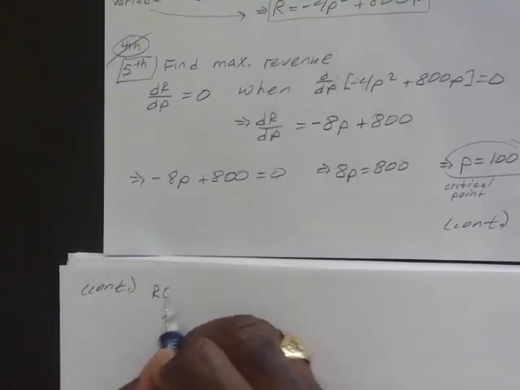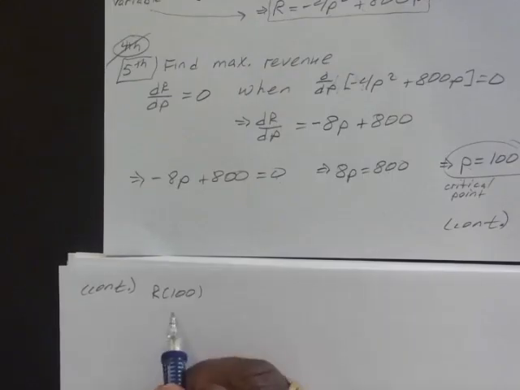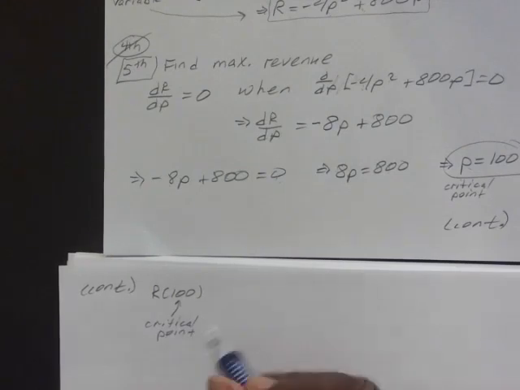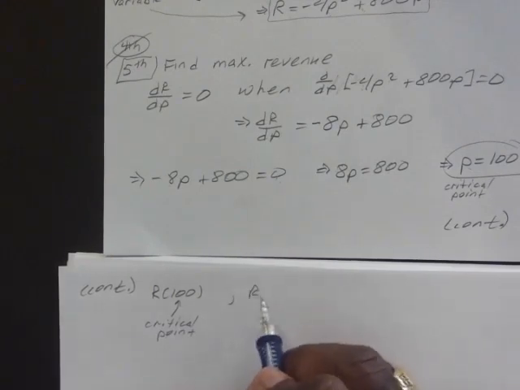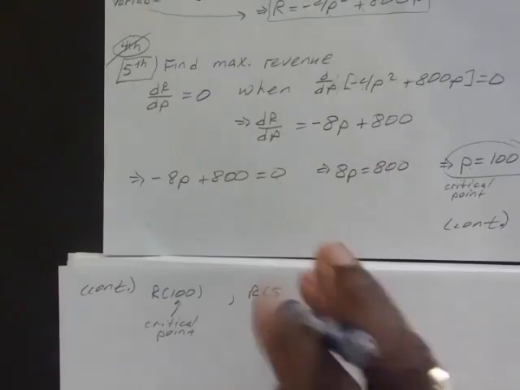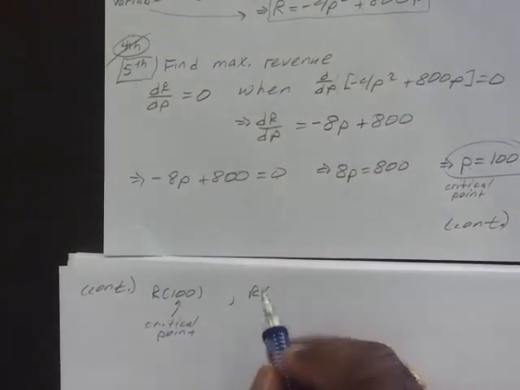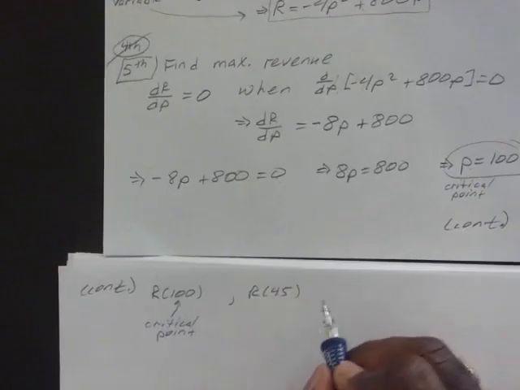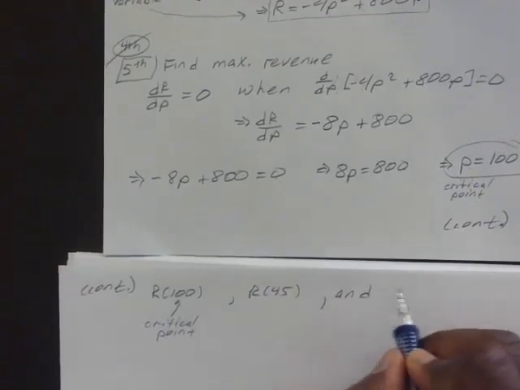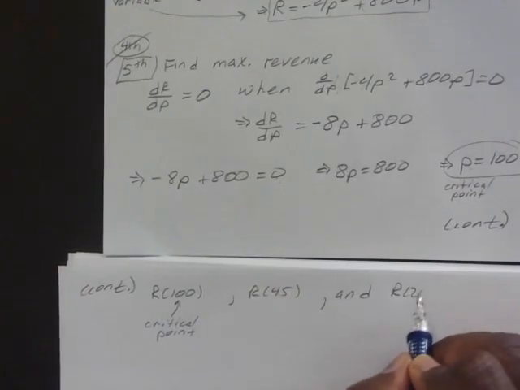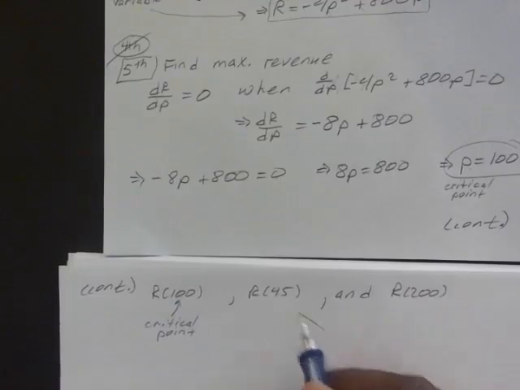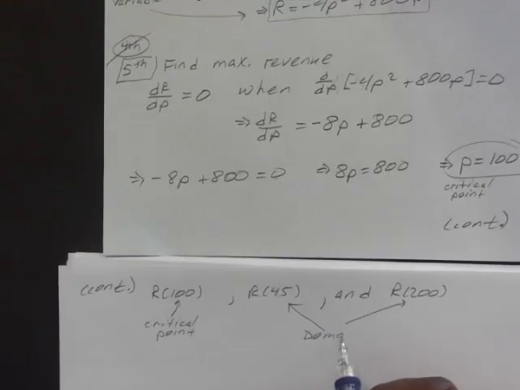So we have to find R of 100, because that's our critical point. We have to find R of 45. And R of 200. Okay, remember, those are still part of our domain.